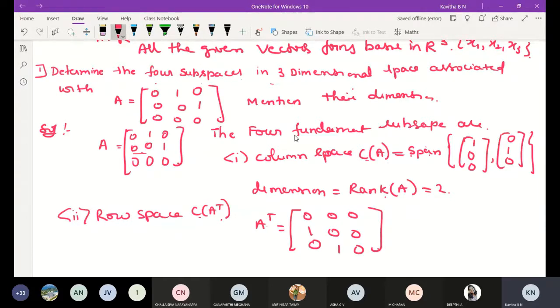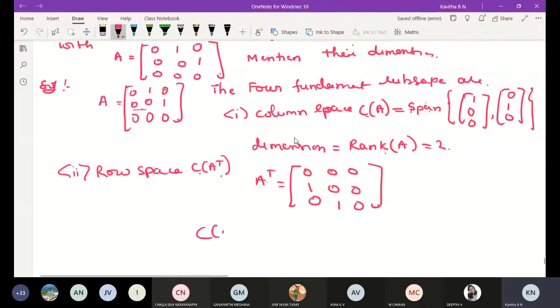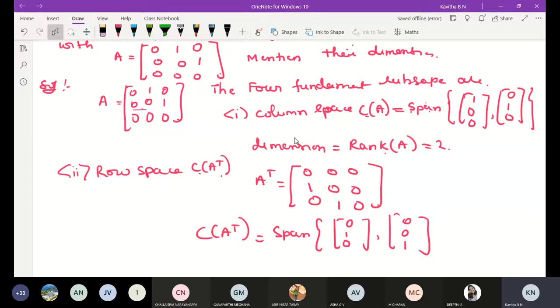Then the column space of A transpose is the span of [0, 1, 0] and [0, 0, 1]. We are not considering the third column because it does not have any numbers. Doing the transpose, columns can be written in row form: [0, 1, 0] and [0, 0, 1].